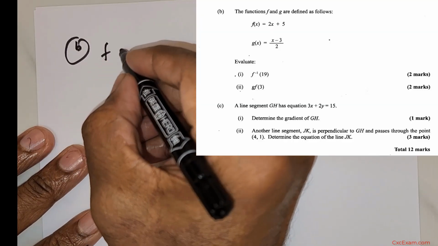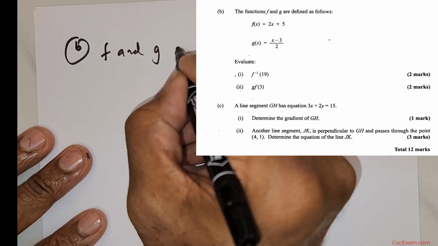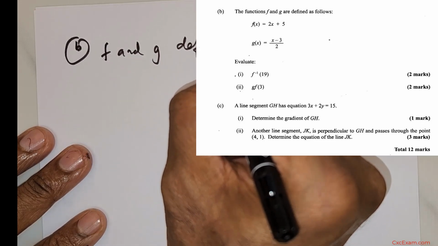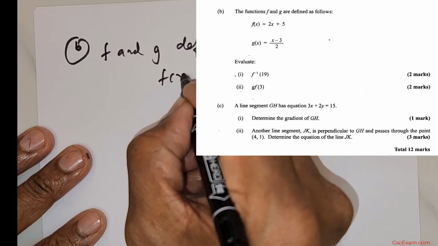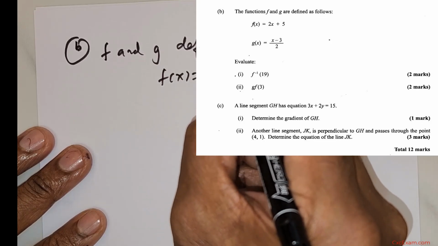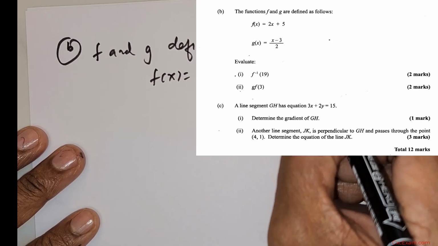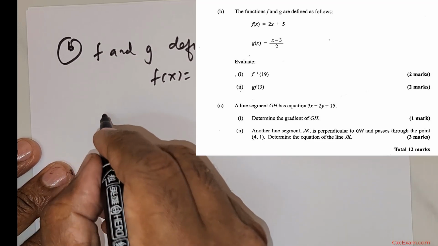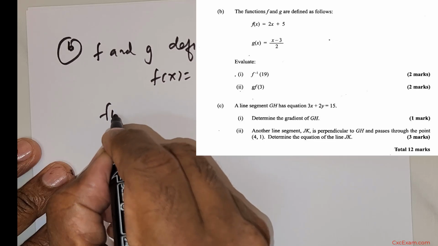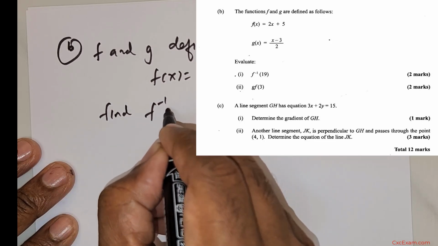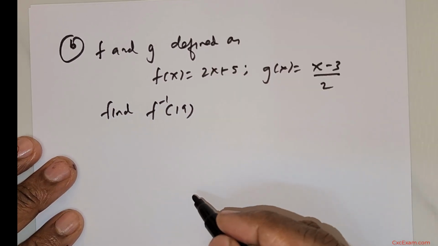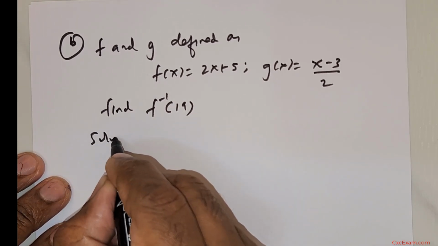Now this is the next question. We got f and g defined as follows. f of x is equal to 2x plus 5 and g of x is (x minus 3) divided by 2. Now we are asked to find f inverse of 19. So this is a solution.